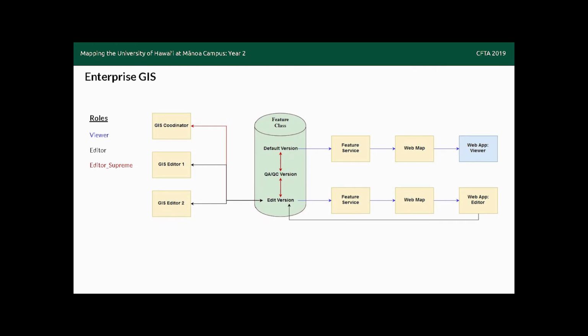the same way we can create a web map and application with our published data, we can also do one for the edit version. So for example, we created a refuse editor right here, which I gave to our landscape guys. So if they have to edit, for example, this trash can right here, come on.